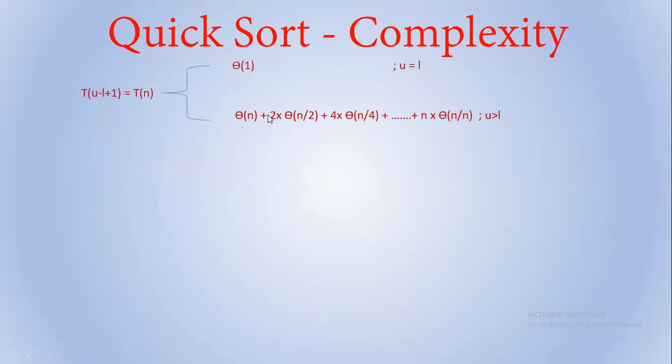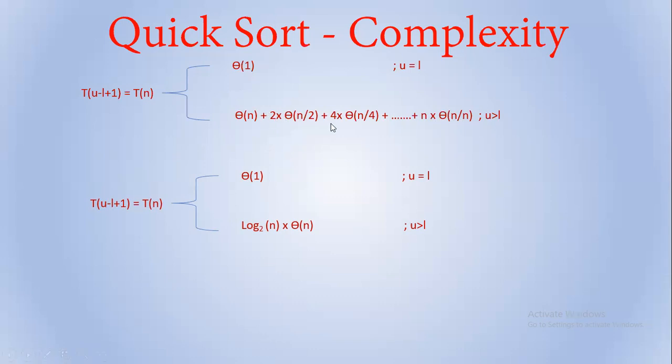By continuing the recursion, we'll get an expression like this: 2 times theta (n by 2) plus 4 times theta (n by 4), until the term is equal to 1, n times theta (n by n). So the whole complexity can be written like this.